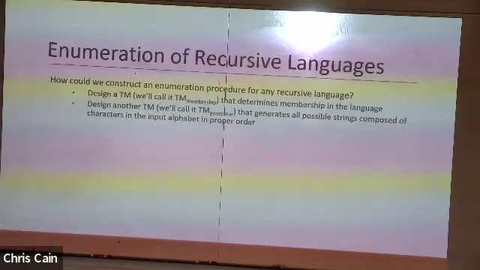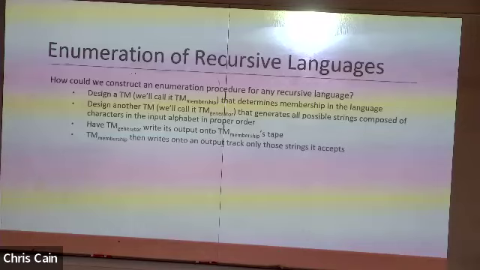So we just define what that proper order is, and then we begin creating strings that are in the language with TM generator. TM membership is going to be able to parse all of the strings and determine whether or not they are. So basically, you have TM generator write its output onto TM membership's tape.